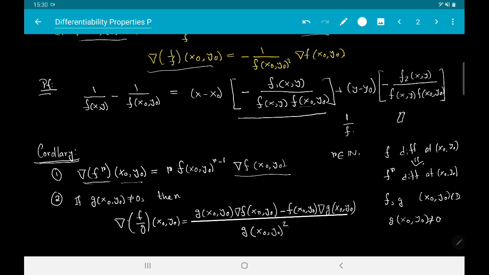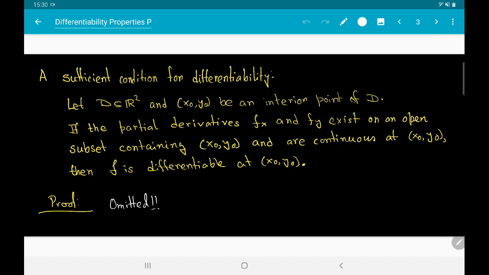Then we have seen just above that 1 by g is differentiable at the point x0 y0. f is differentiable at the point x0 y0, so is their product. So in particular f by g is also differentiable at the point x0 y0. And if I want to compute the total derivative, we will compute it in exactly this way. This finishes our discussion on the algebraic properties.